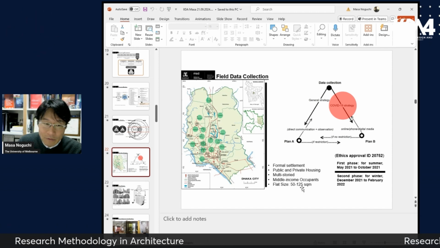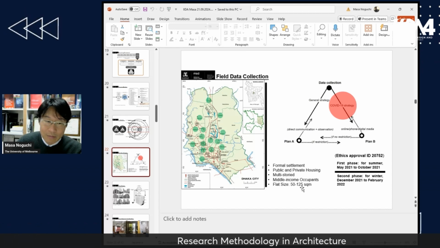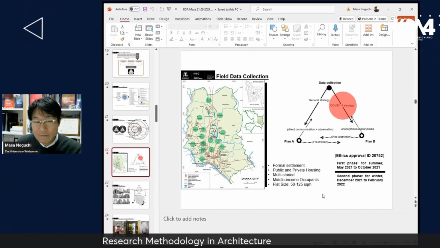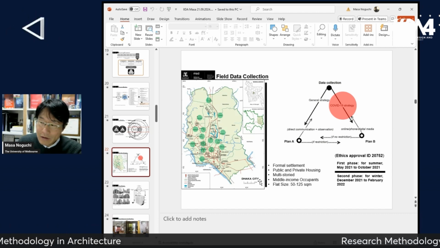I showed before, there's a tendency that high income people live in houses probably bigger than 125 square meters, and middle income people live in this range.